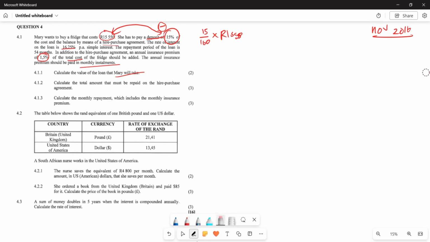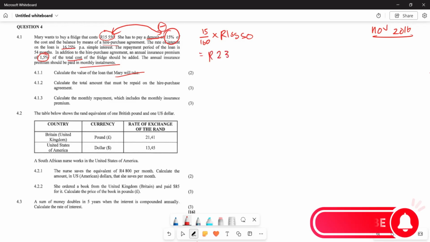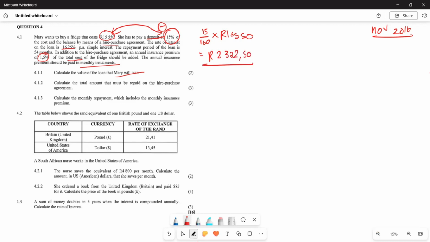This means the value of the deposit that Mary will be paying is around 2,332.50. This money is not going to be part of the loan, because this is the money that Mary will pay beforehand.